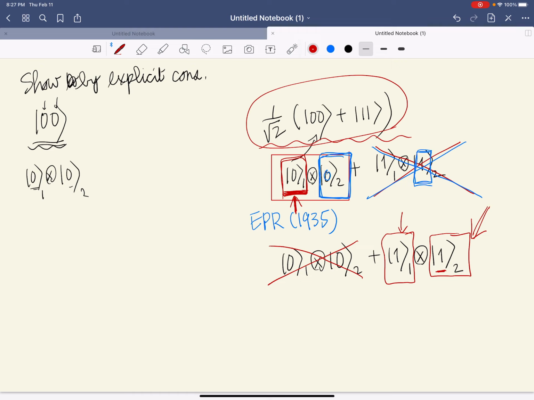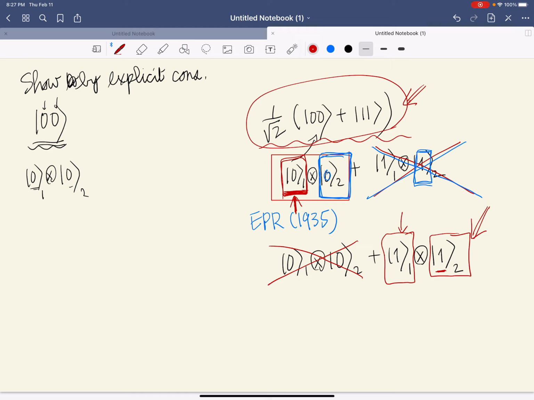Okay, so without having to go through any singular value decomposition analysis, just by virtue of this sort of thought experiment, we can already see that this is in fact representing an entangled state.